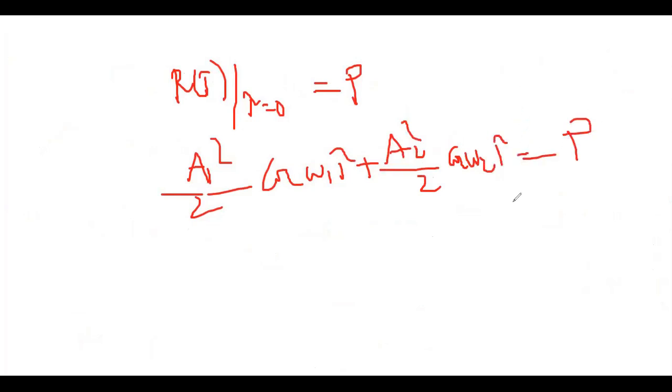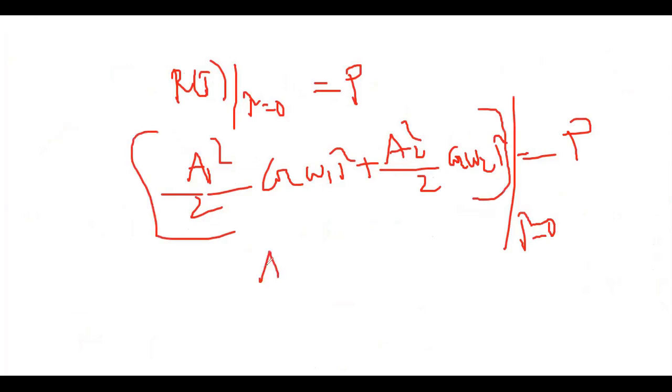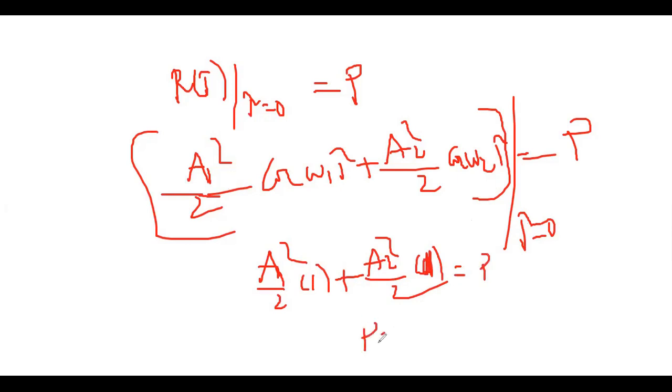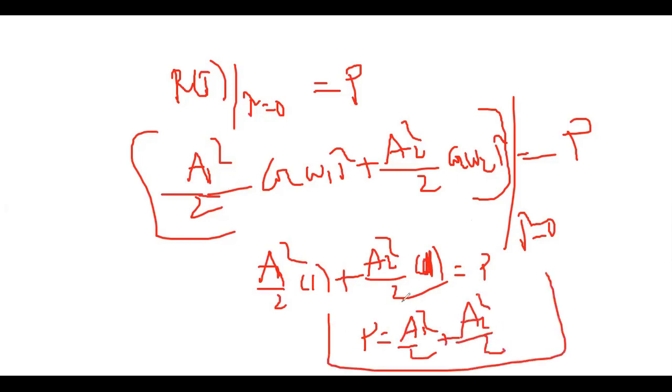Put tau equal to 0: cos 0 is 1, so P is equal to a1 square by 2 plus a2 square by 2. This is the third one.